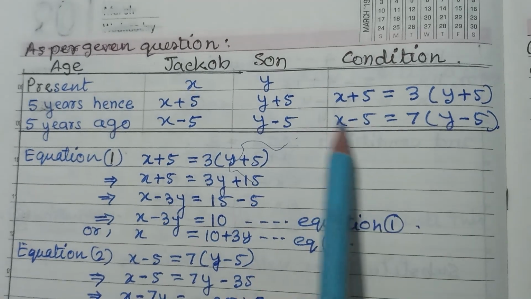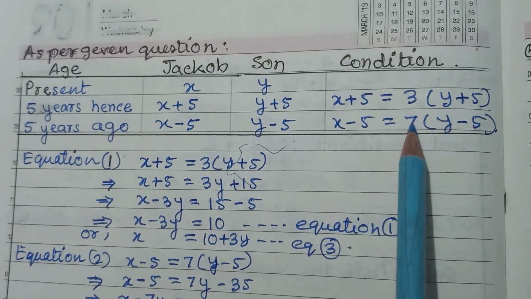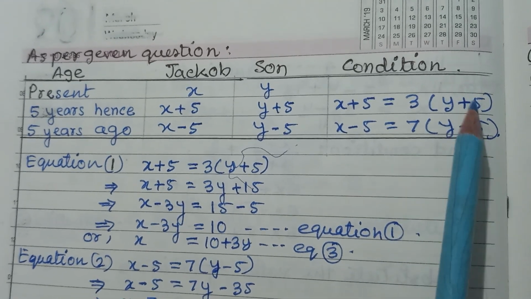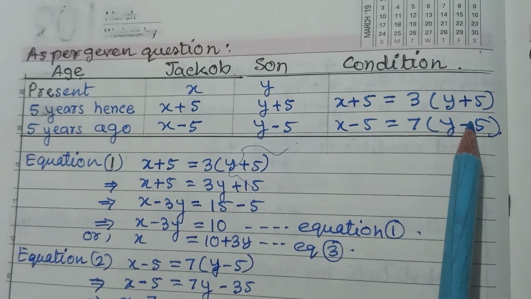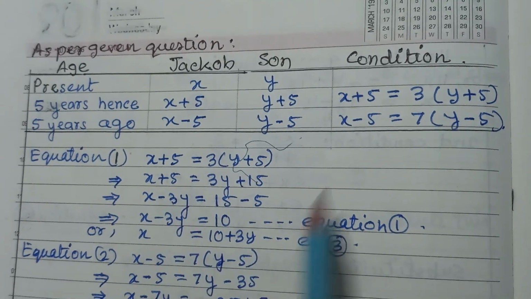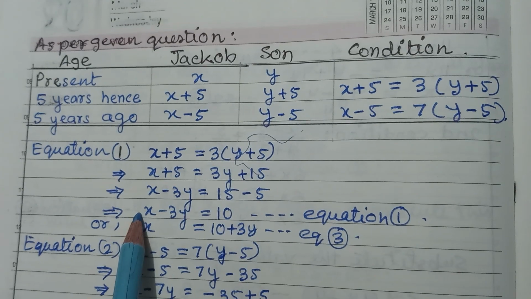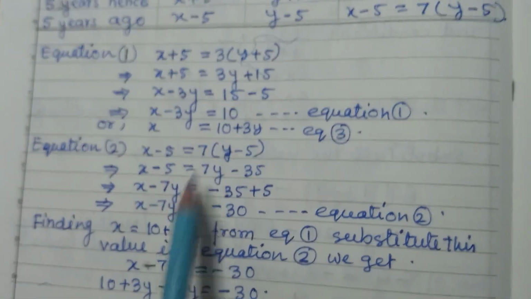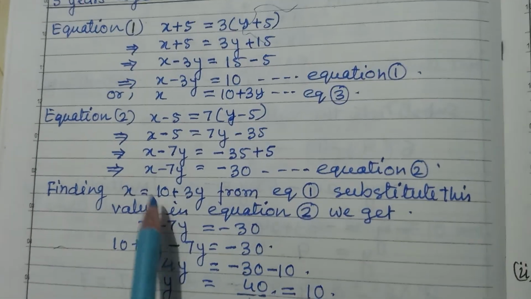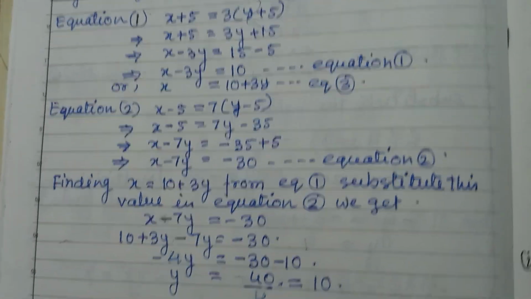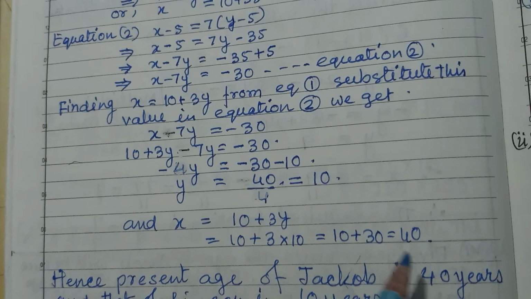That time Jacob is 7 times his son's age. Now these two conditions you solve as simple equations. This is the first equation, and this one is the second equation. Now these two equations are solved by substitution method.